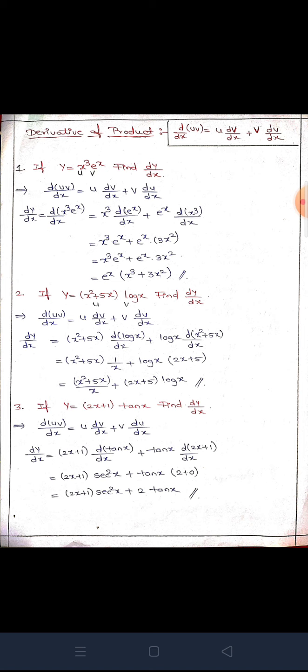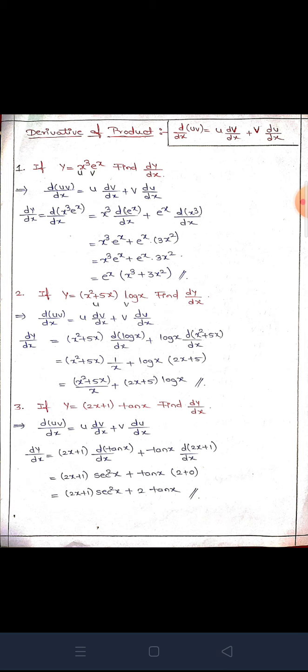So 2x plus 1 as it is, differentiation of tan x is sec square of x, plus tan x as it is, differentiation of 2x is 2 and differentiation of 1 is 0. So 2x plus 1 sec square of x plus 2 into tan x. Okay, this is the answer.